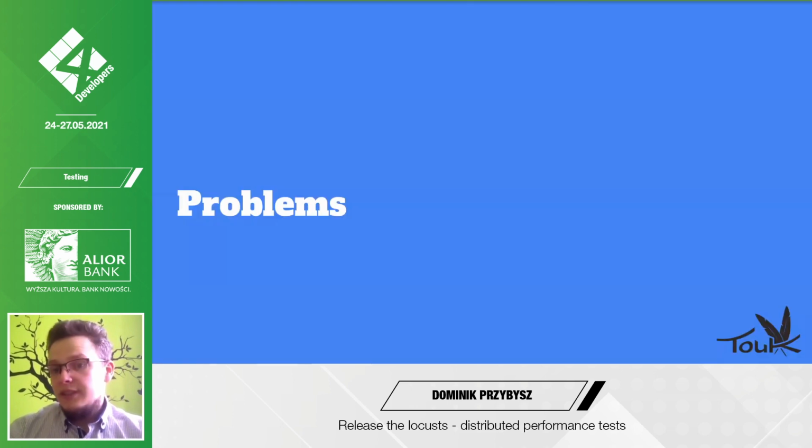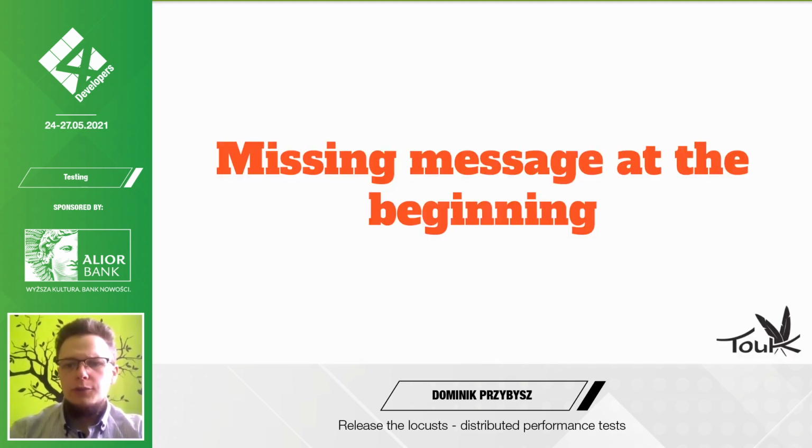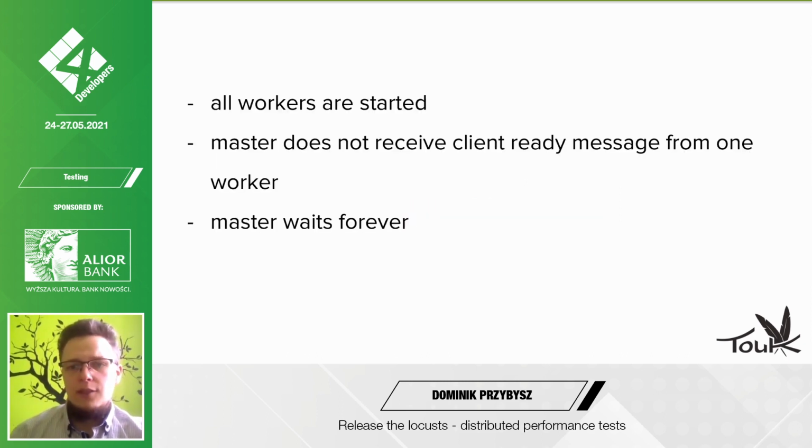Okay, and during the tests, we found some problems connected with Locust. A pretty annoying problem at the beginning was some missing messages, especially at the beginning of the test. We haven't seen missing messages later, but at the beginning there was some problem. Let's imagine all workers are started, but master doesn't receive a client-ready message from one of the workers that we know is running.